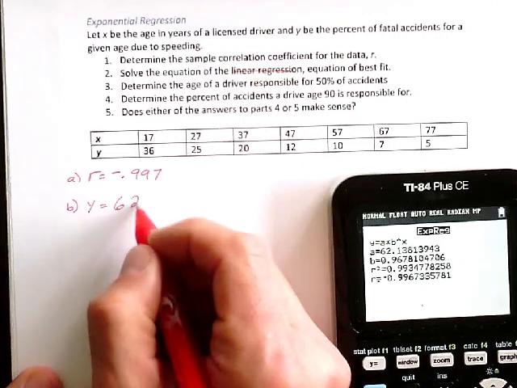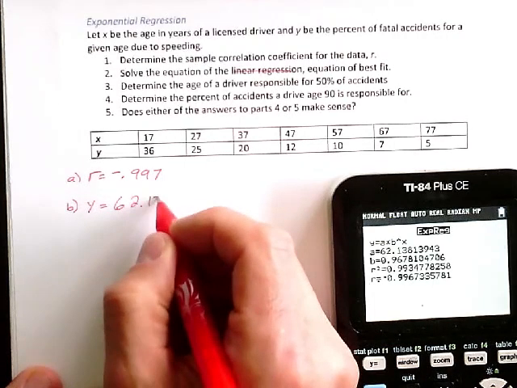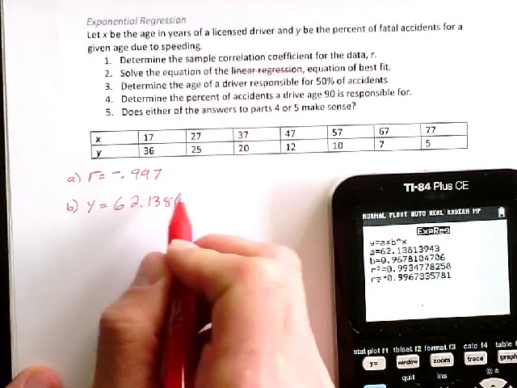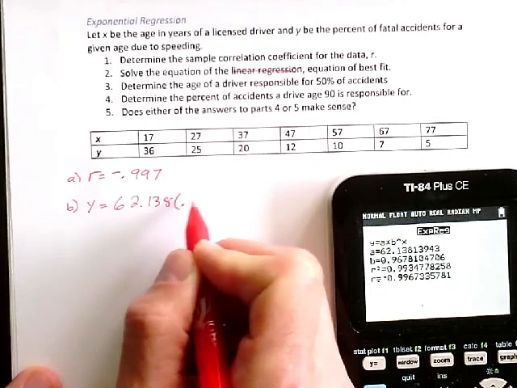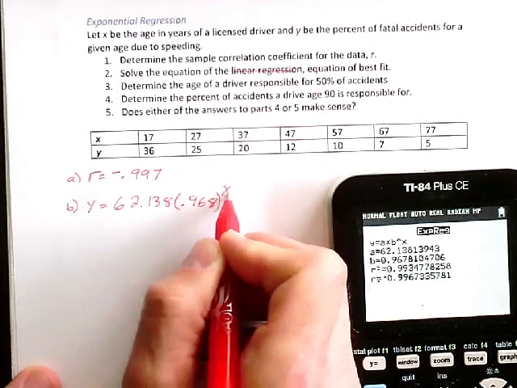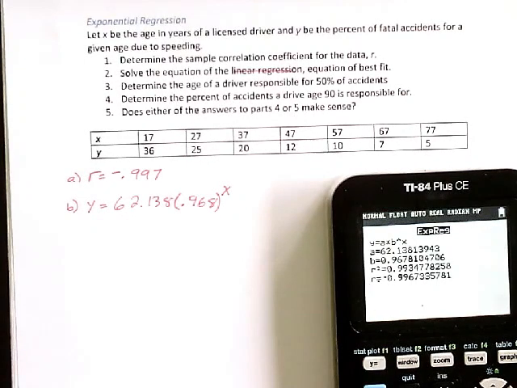Y equals 62.138 times 0.968 raised to the X value. So there's our regression.